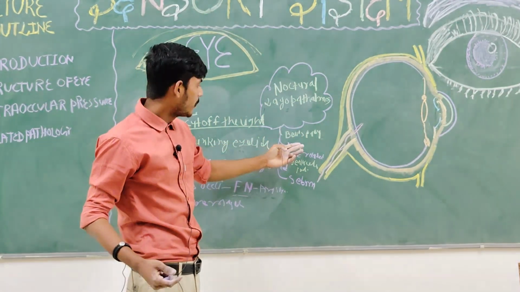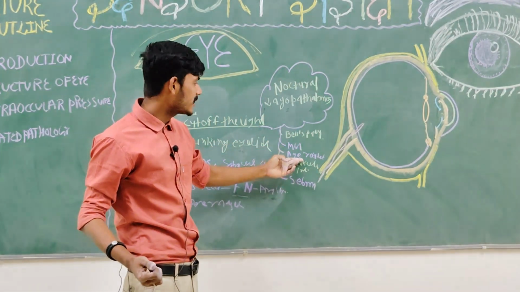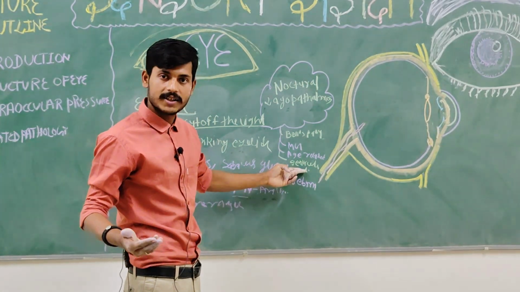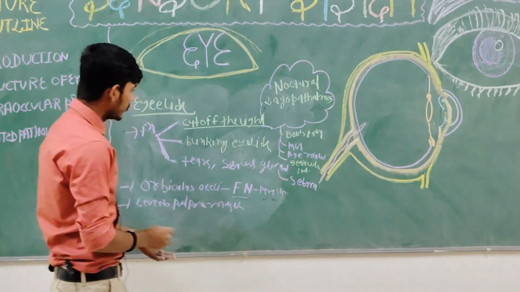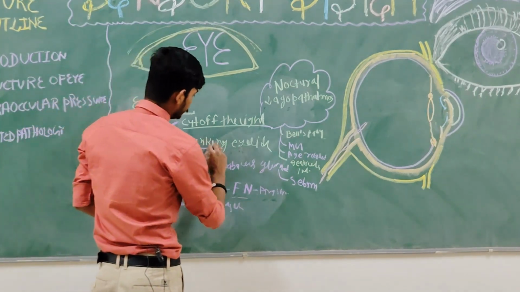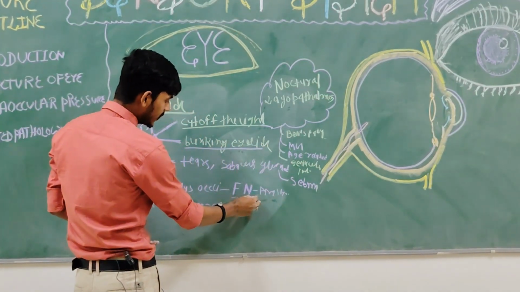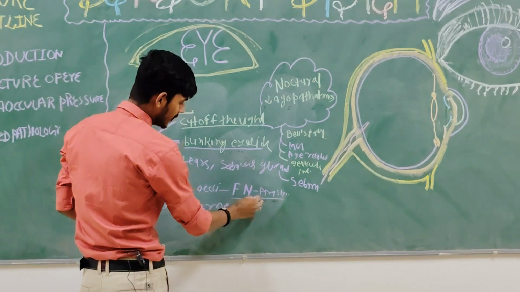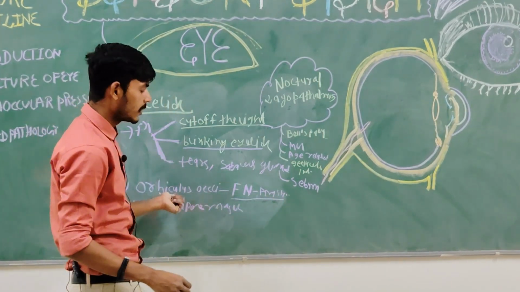It can also happen in myasthenia gravis. It is age related and can be genetically inherited. Understood?